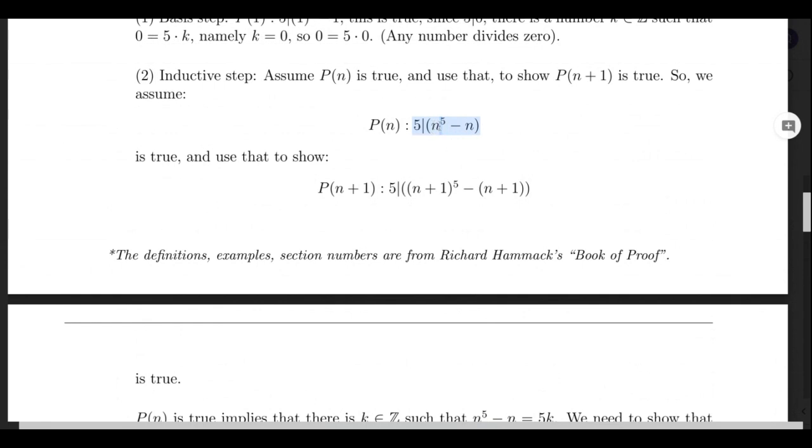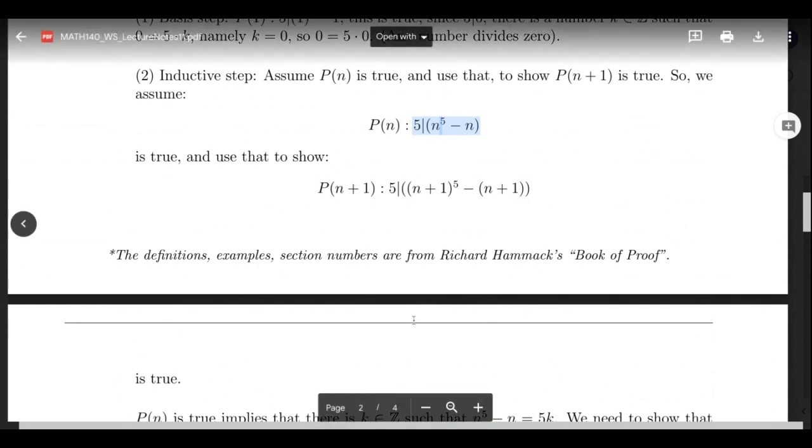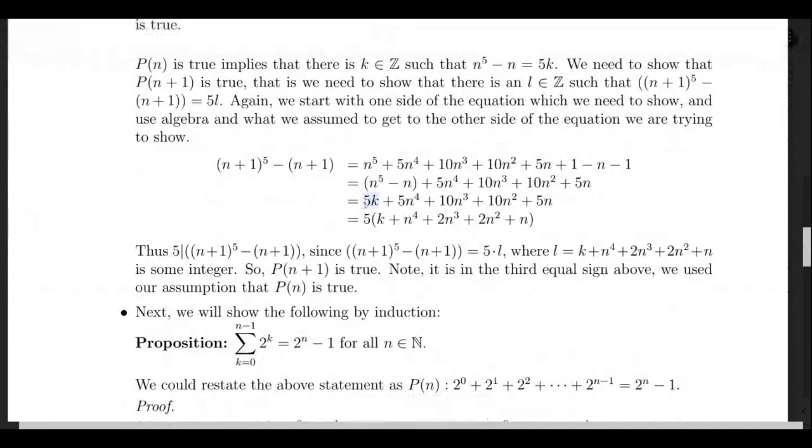Right, 5 is a factor of the right-hand side. That means the right-hand side can be written as 5 times the integer. So let's write 5k, k is just some integer. So this is by assumption. So n raised by 5 minus n has a factor of 5. That means this term can be written as 5k.